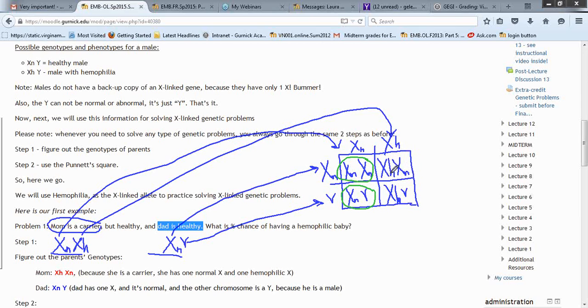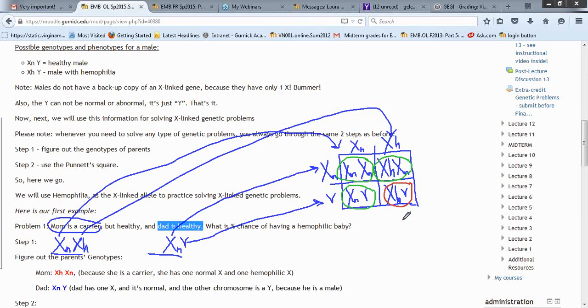So one of the X's is affected, but the other one is not. So we have a girl who is a carrier of a bad gene, but she's still healthy. So this girl would be healthy. And if we look at the last scenario, we have an XH and a Y. So that would be a boy with hemophilia. So that one would be sick. Okay. So that would be the last step, interpretation of the result.